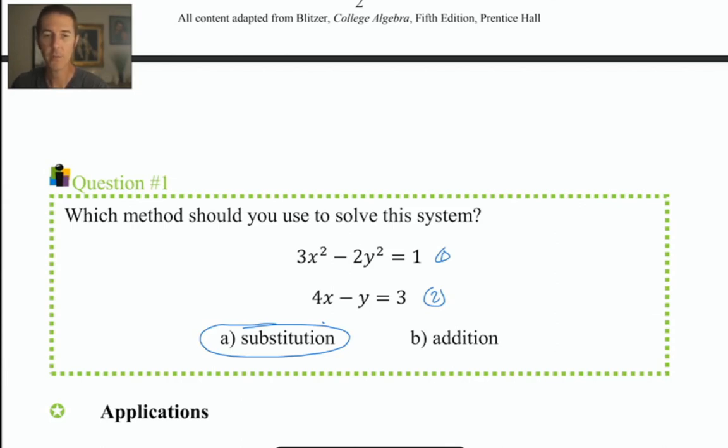Now, when it comes time to study for a quiz or a test on systems of nonlinear equations, realize that there are 2 different methods. You've got substitution and addition, and maybe make up a couple of index cards or flashcards, however you want to do it, in order to quiz yourself on, okay, if I run into a situation like this one, remember that the challenge is usually, how do I get this problem started?